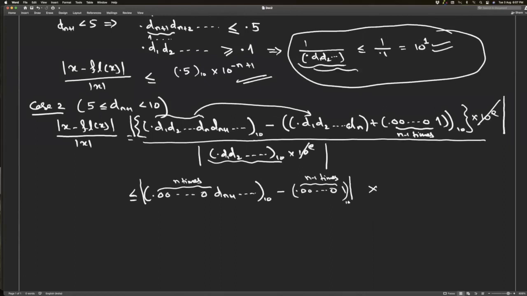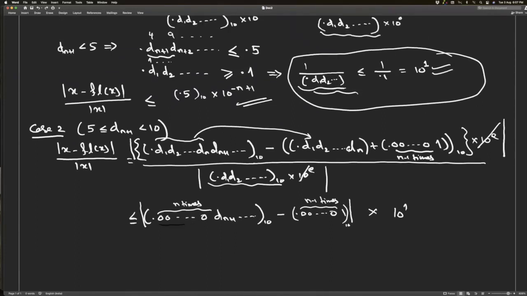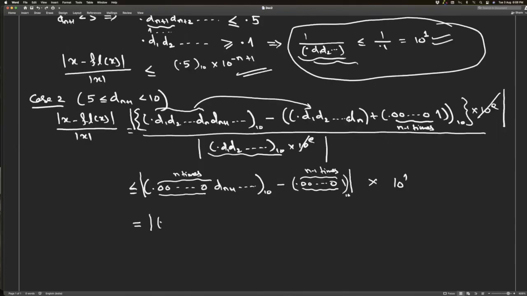Therefore, I will have 10 to the power of 1, right? Here n number of zeros are there, but here only n minus 1 number of zeros are there. Therefore, I will take n minus 1 number of zeros, cut and adjust it in 10 to the power. So we'll have 1 zero remaining here because there are n number of zeros.